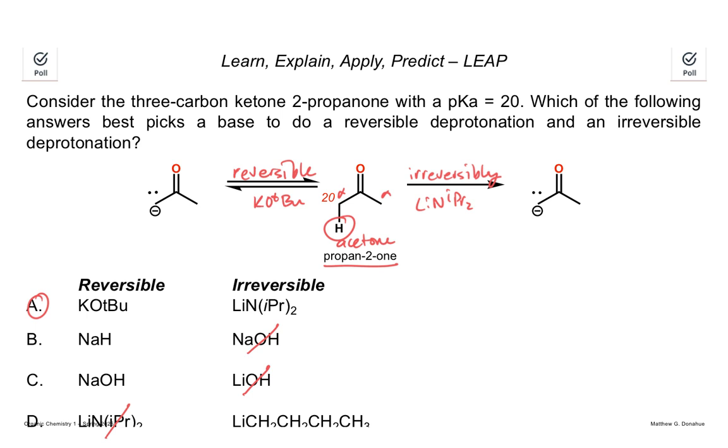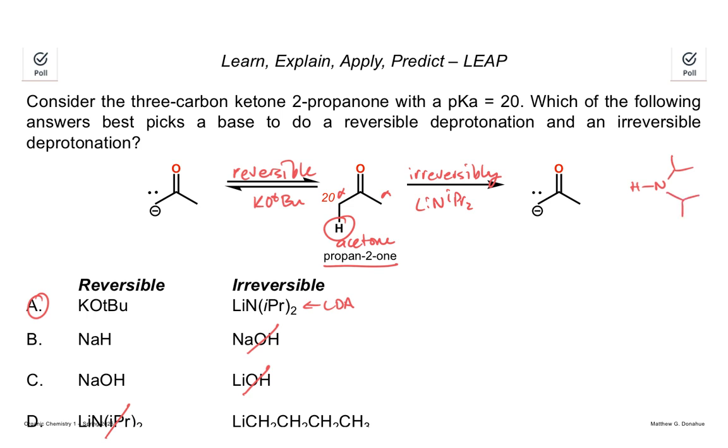And so what's the logic of this? How do we quantify things? The conjugate acid of this base, which is abbreviated LDA, is that amine.